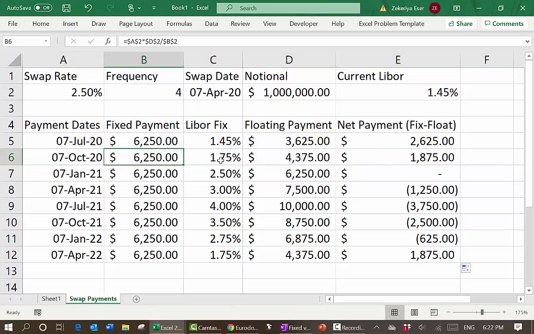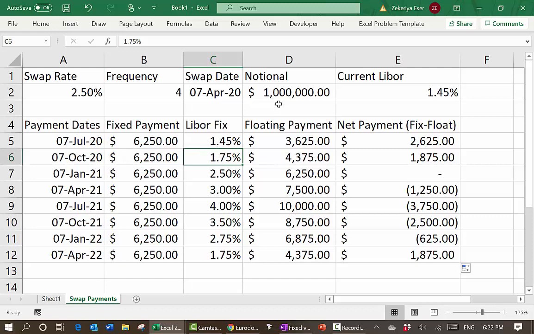That's $6,250. On the other hand, you're going to receive an interest on a $1 million loan that you make, but you don't know what that rate is going to be. This is effectively a 3-month loan that's going to start on July 7th. You're kind of seeing where this goes. This is almost like a forward rate agreement.